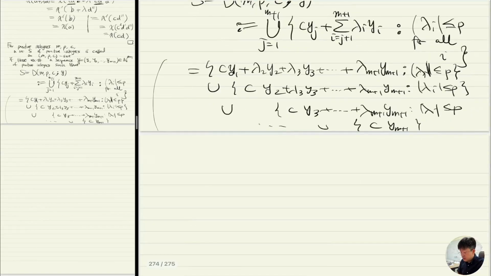So for instance, one example is, let's say cy1 plus lambda 2 y2.